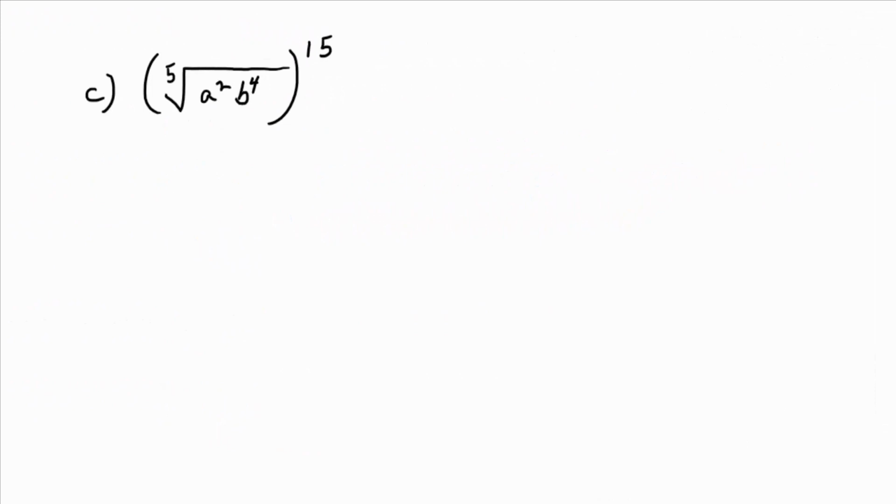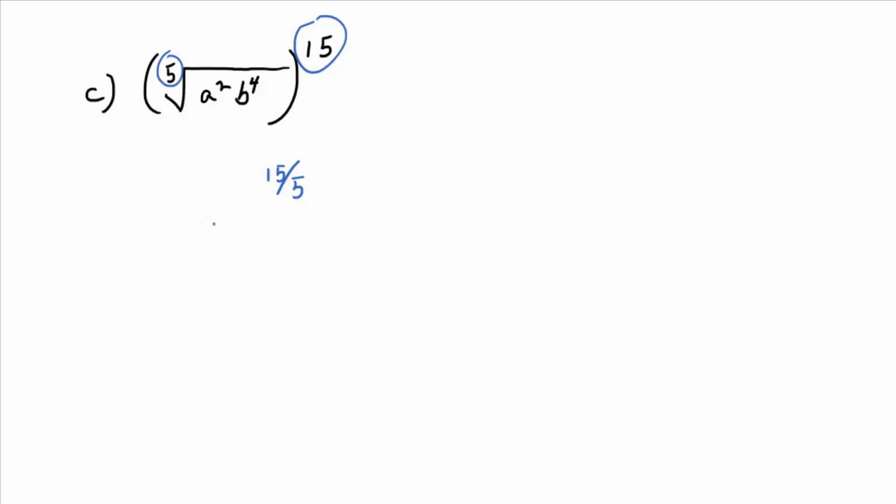Finally, part C. We have the 5th root of a squared b to the 4th, the whole thing to the 15th power. Can you write that with a fractional exponent? Let's work on this. What would the fraction in the exponent be? 15/5, the power 15 over the index 5. Now, how would you write the base?